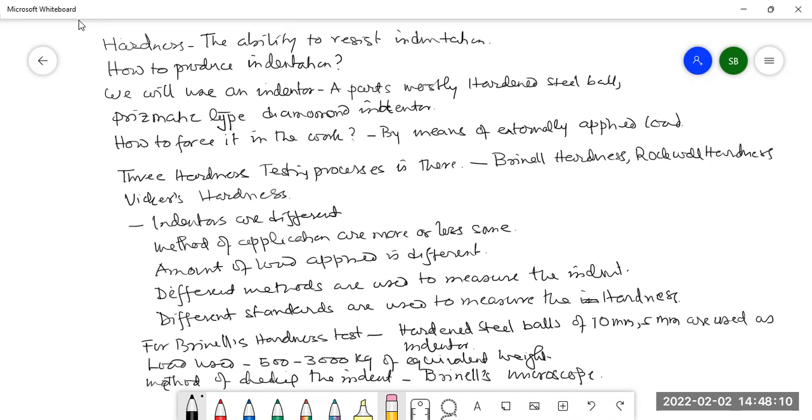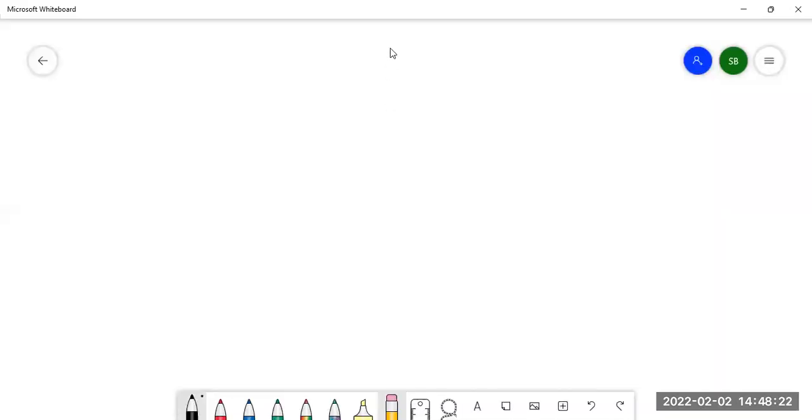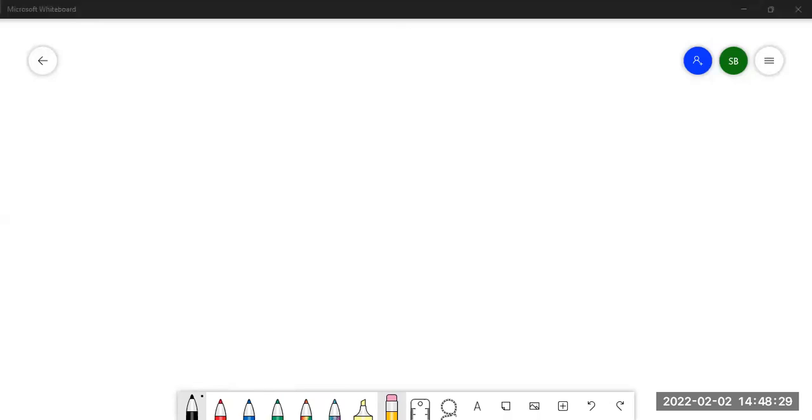Next, you have to apply the load through the indenter.